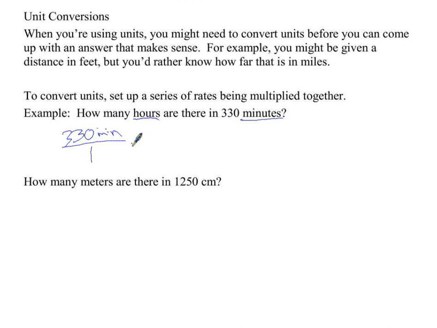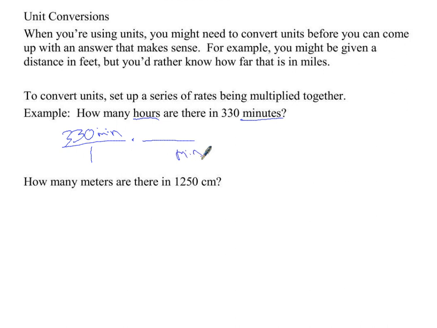Then what I'm going to do is start forming fancy ones with another rate. This isn't that bad. If I want minutes to disappear, I have minutes sitting in a numerator here, which means I need to divide by minutes. So I need to put minutes in the denominator over here.